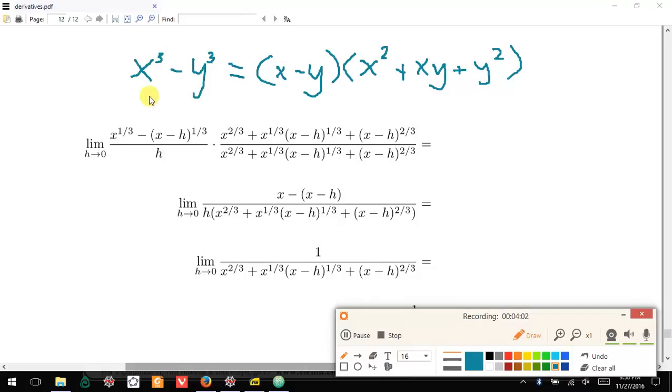And the idea is I would like to get the cube of each one of these individually, which is what I have on the left-hand side of the formula. So I would like to basically throw into the formula, instead of x, x to the 1/3, instead of y, x minus h to the 1/3. And then I just throw everything into here consistently.